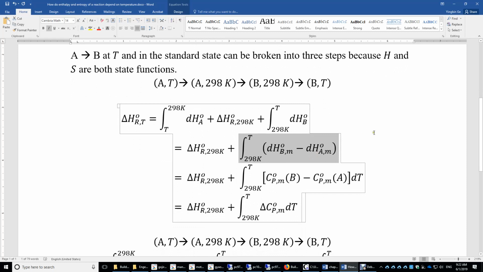And given constant pressure, dH is simply Cp dT, and we can take out the common factor dT.